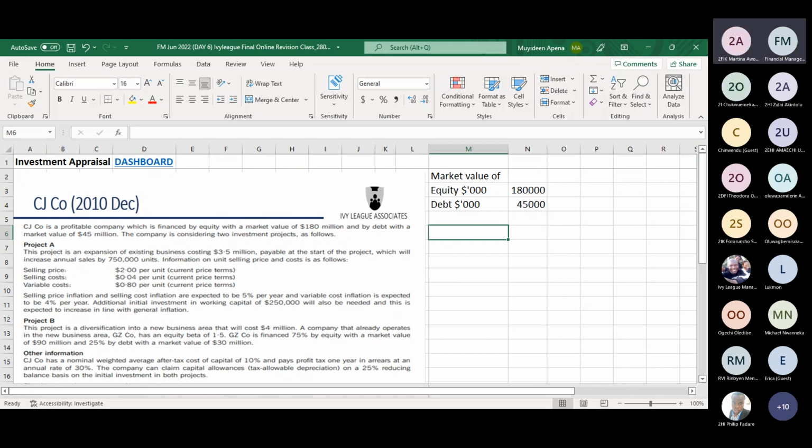At the end of the previous year. So what does it represent? Cash out. Okay. 3,500.